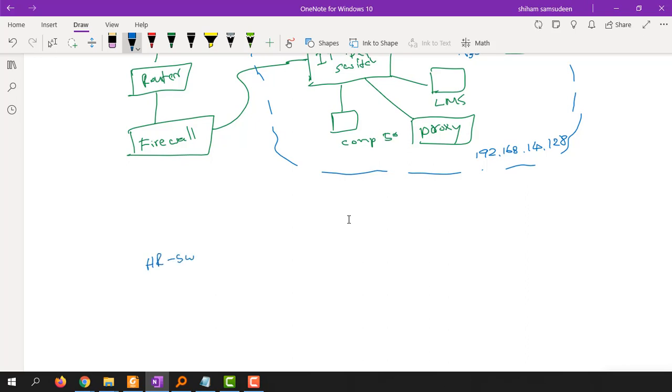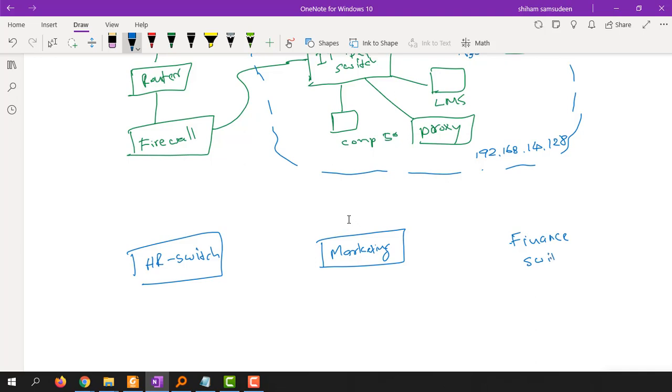So let's say this is HR switch, this is marketing switch. So these are all separate LANs by themselves, and we have finance switch, right?